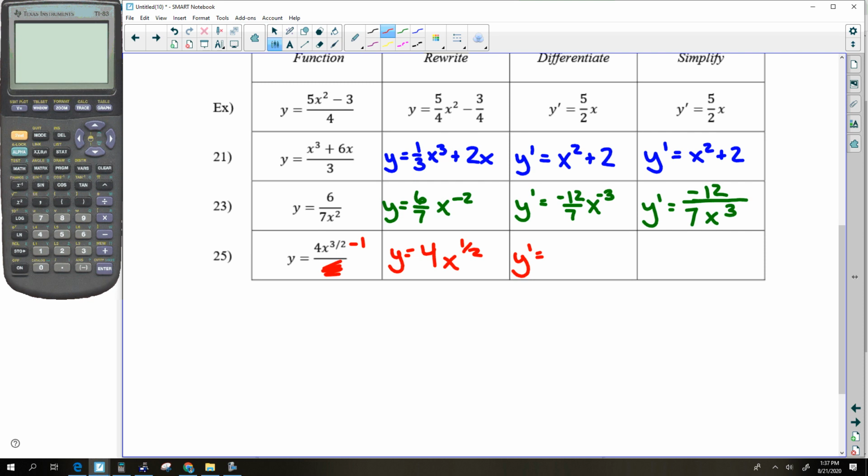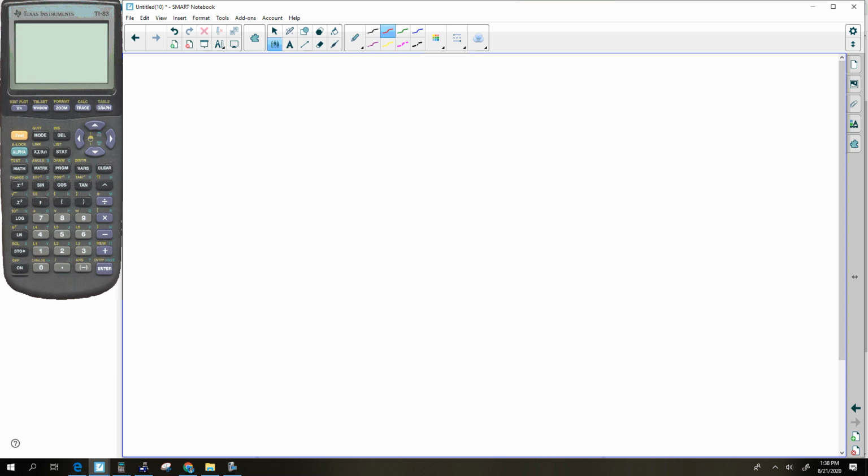So 1/2 times 4. Subtract 1, that would be a -1/2. And thus this is a numerator of 2 with a denominator of x to the 1/2. That's it. All game.